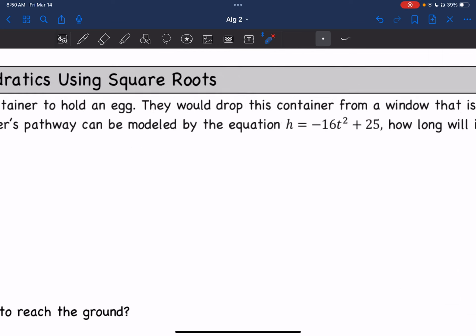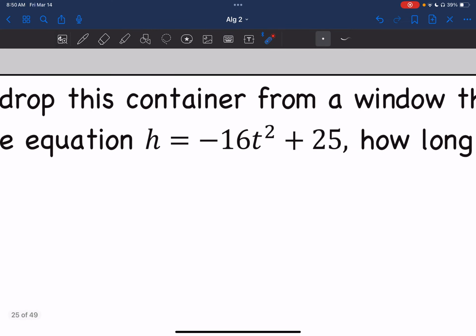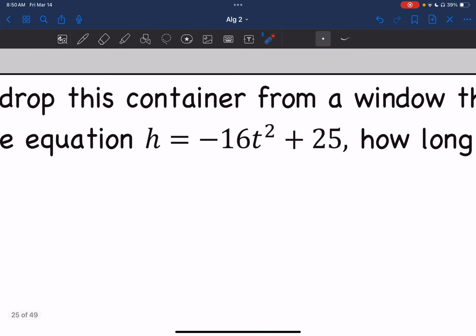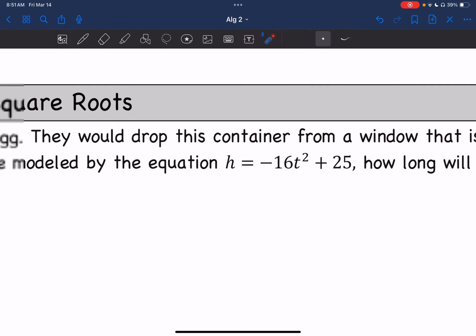If we want to see how that shows up in our equation, if t is increasing, time passing, this t squared term is going to get bigger, and it's being multiplied by a negative. So height is going to decrease because negative 16 times t squared is going to get bigger, but more negative. It's going to become more and more negative as time goes on.